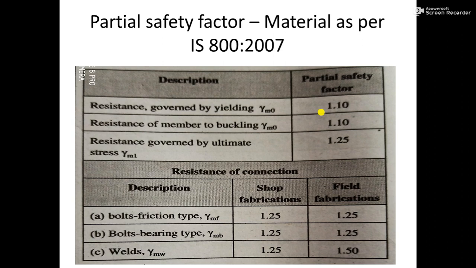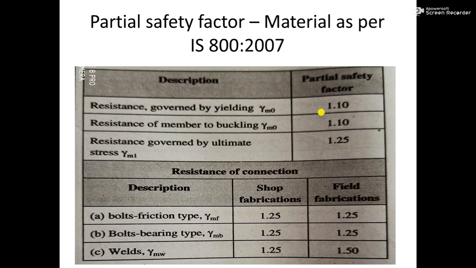Similarly, the resistance of connection differs depending on whether the structure is made in the shop or in the field. For friction type bolts, the gamma mf for shop fabrication and field fabrication is the same, 1.25. Similarly, for bearing type bolts, gamma mb for shop fabrication and field fabrication remains the same, 1.25.